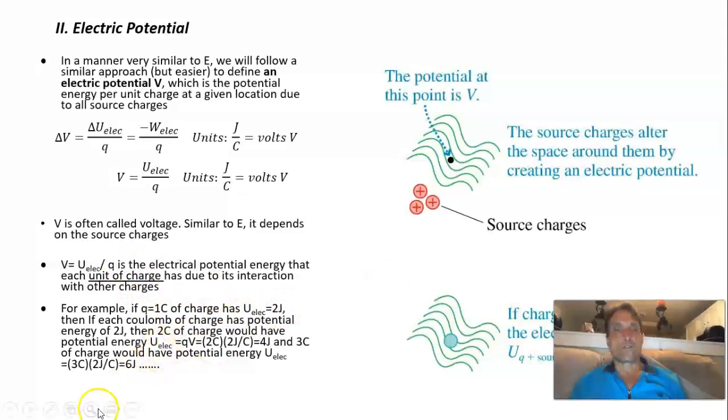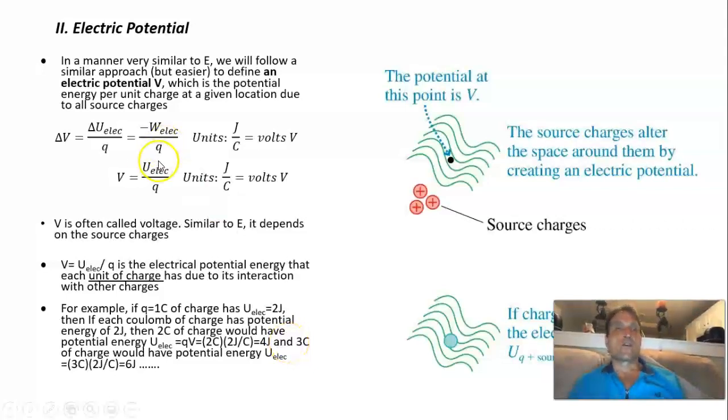If you have 2 coulombs of charge and the potential is 2 joules per coulomb, then the 2 coulomb charge would have 4 joules, the 3 coulomb charge would have 6 joules, and the 4 coulombs of charge would have 8 joules.